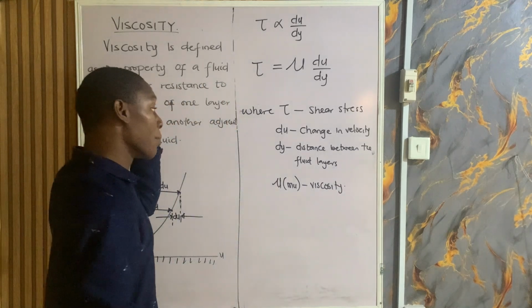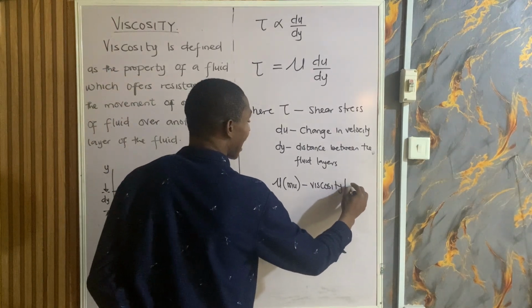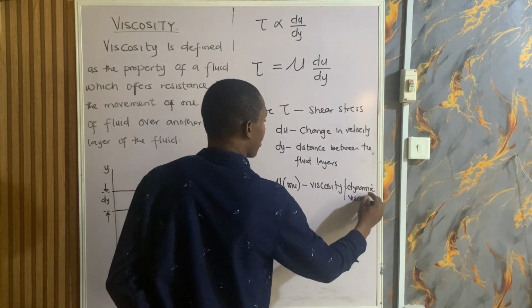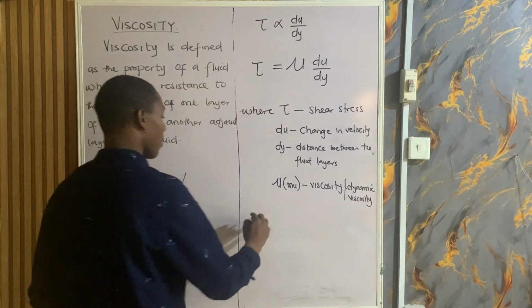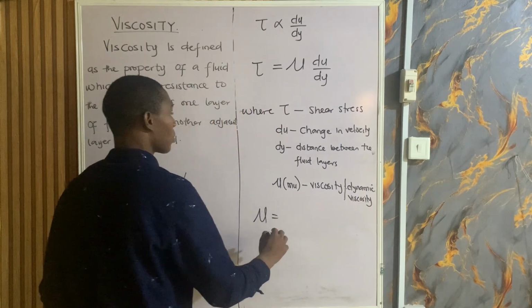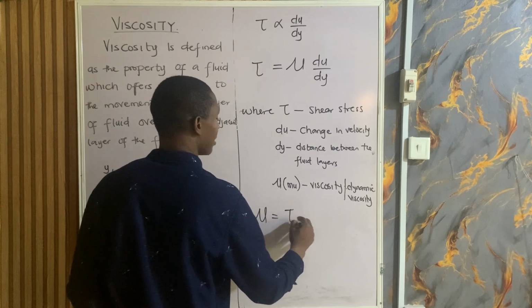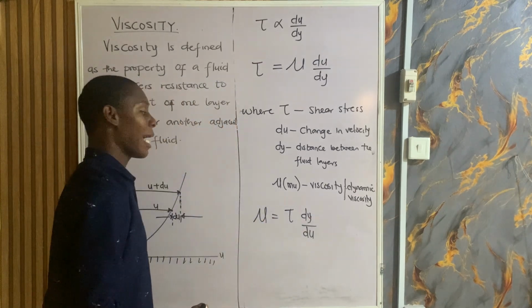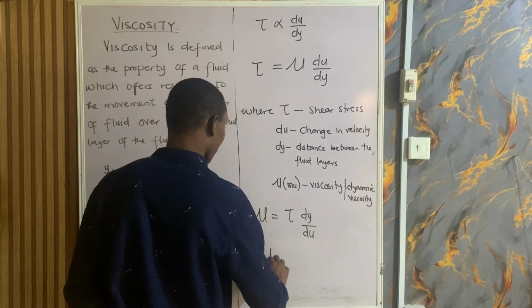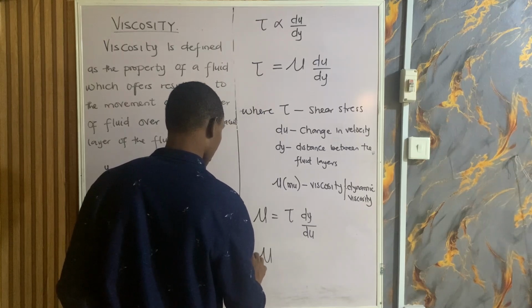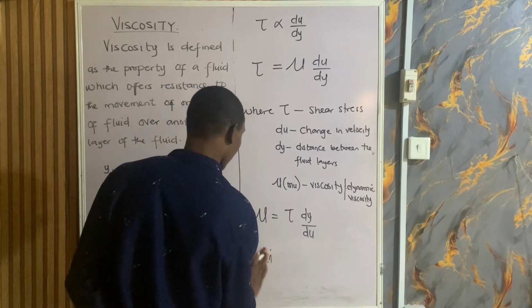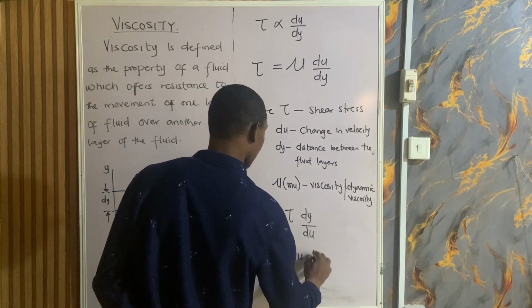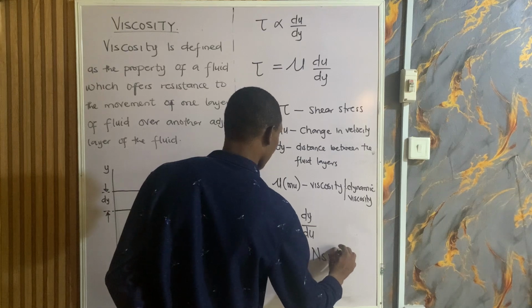At times it's also called dynamic viscosity. If we make mu the subject of the formula, we get that mu is equal to tau, shear stress, times dy over du. And the SI unit of mu is Newton seconds per meter square.